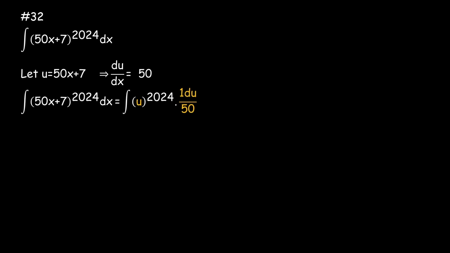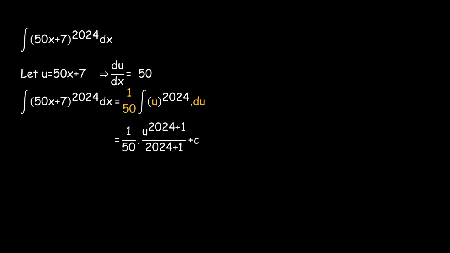That means the integral of 50x plus 7 to the power 2024 would be u to the power 2024 times du over 50. Take out the constant, then add 1 to the power of u and divide all through by that power. So this will be u to the power 2025 over 2025 times 150.